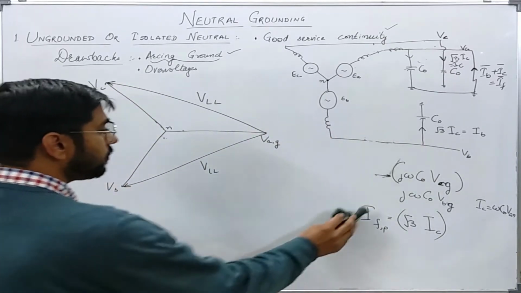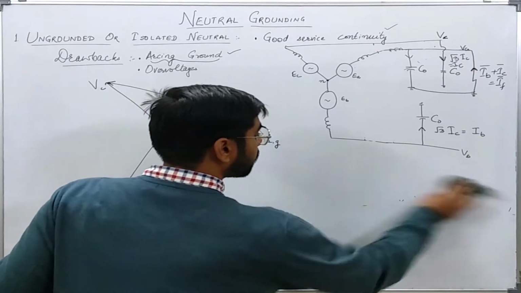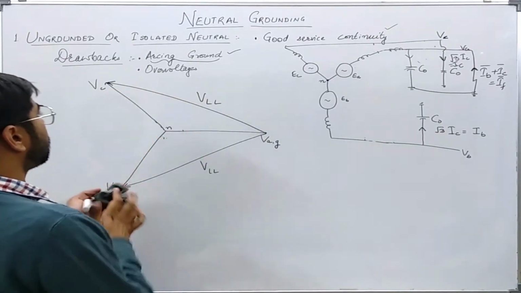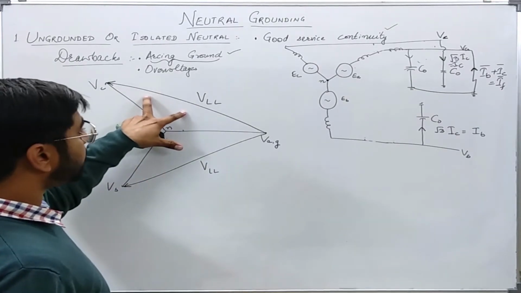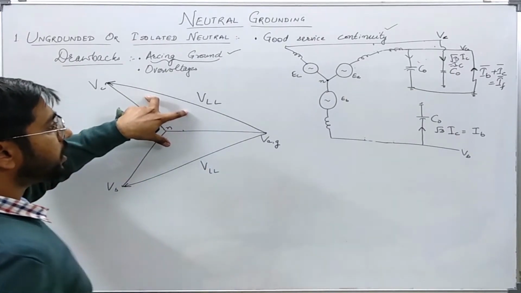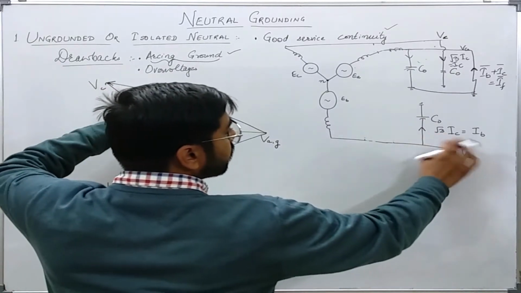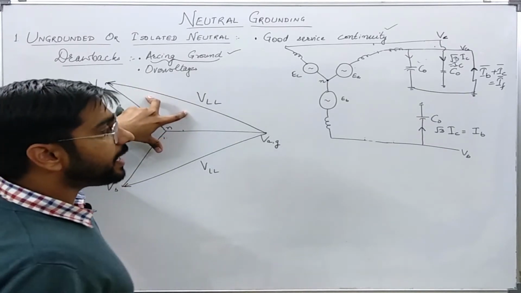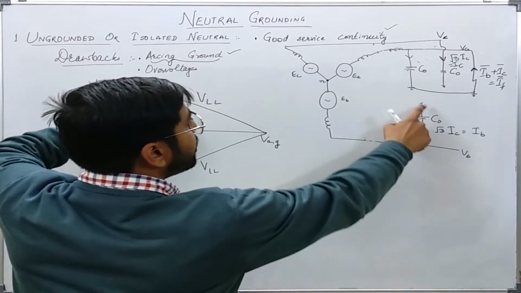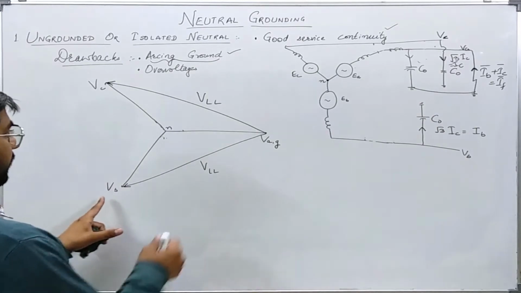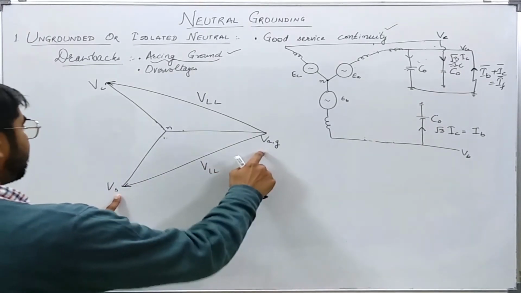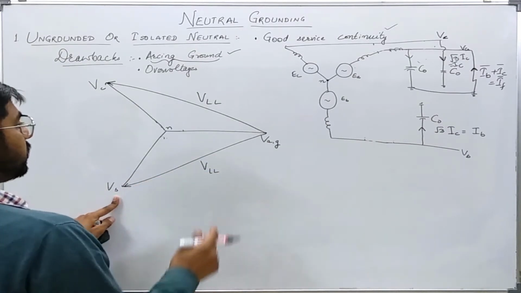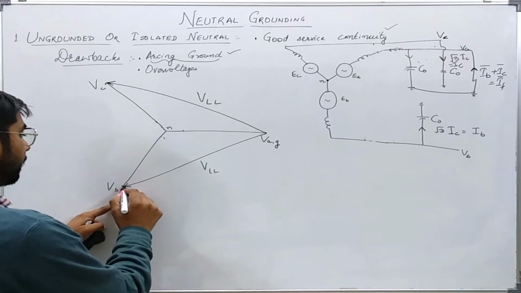Now this is VCG and this is VBG. This current IB will be leading the voltage VBG by 90 degrees. So this is voltage VBG, and the current will be leading it by 90 degrees.